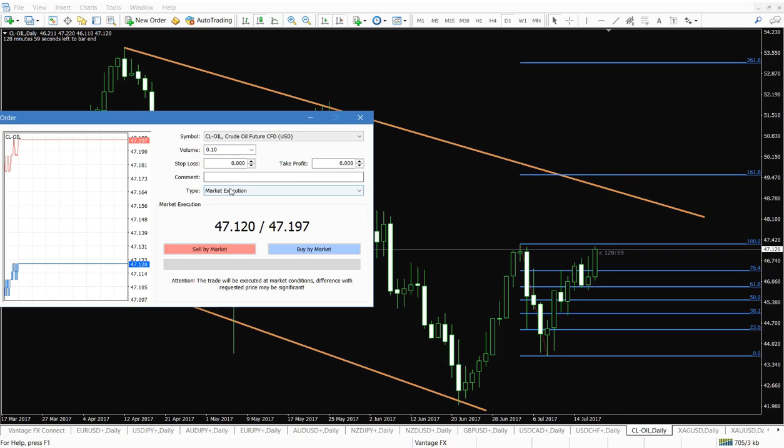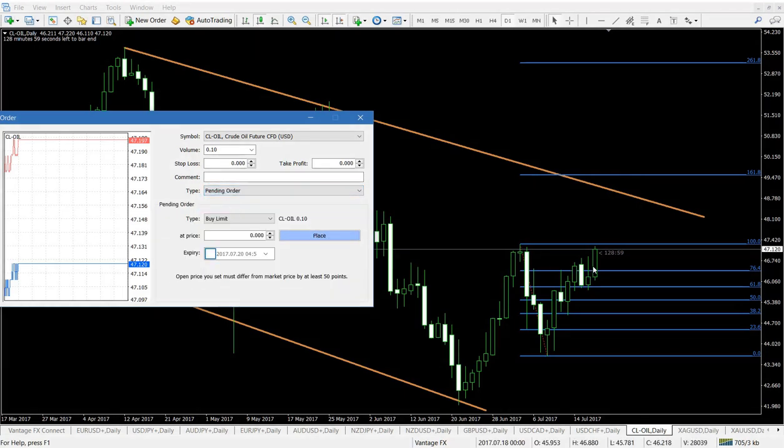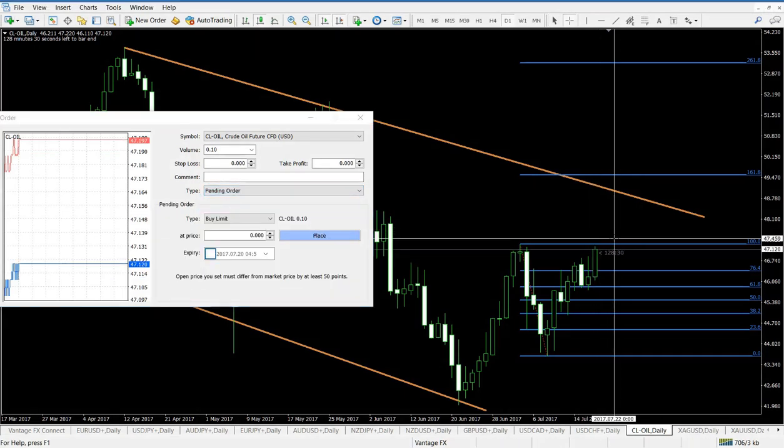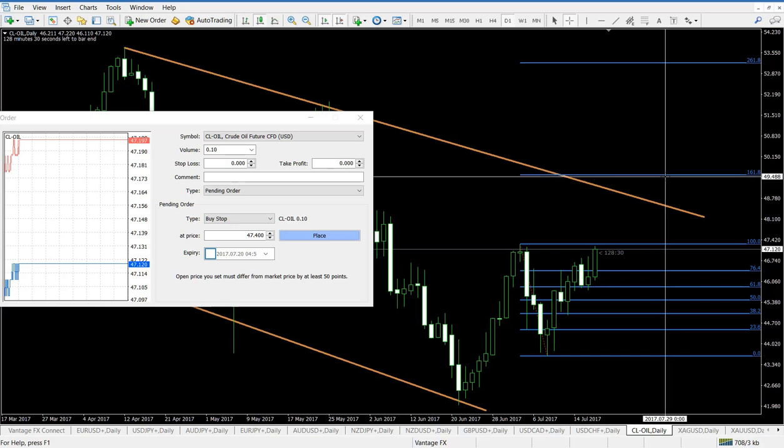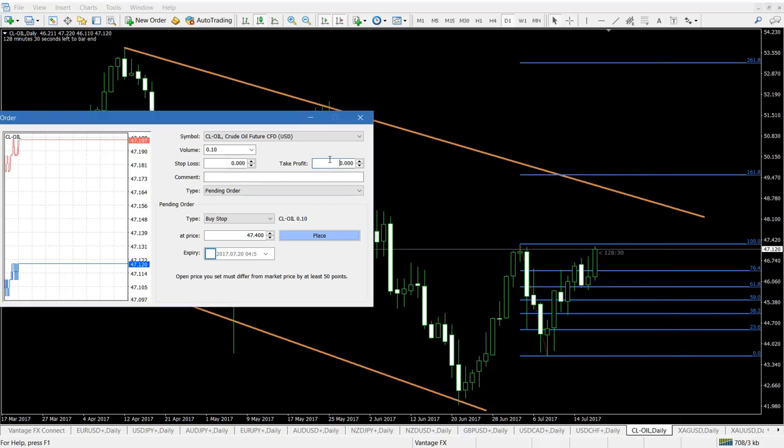So I put a new pending order close to 47.40. It's a buy stop.